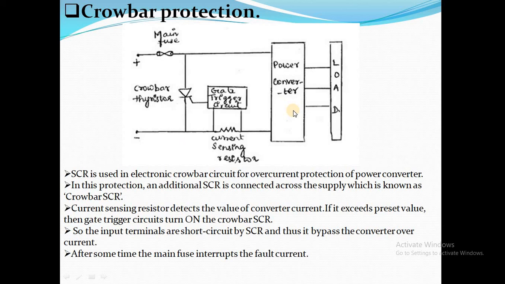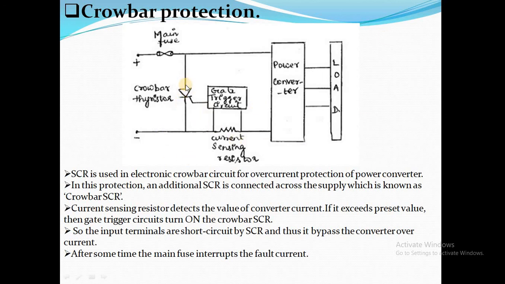So normally the converter is operated, and it is connected to the current sensing resistor which senses the exceeded value of the converter current. If current increases, this resistor senses it and sends the signal to the triggering circuit, which turns on and makes the crowbar thyristor turn on.